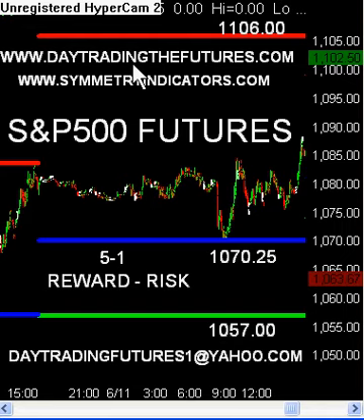And then on the 1-minute chart, I show you exactly how to get in with the momentum dot, symmetry dots to trail and to scale out, and also where to put your hard stop for real small stops for a 5-to-1 reward to risk ratio.